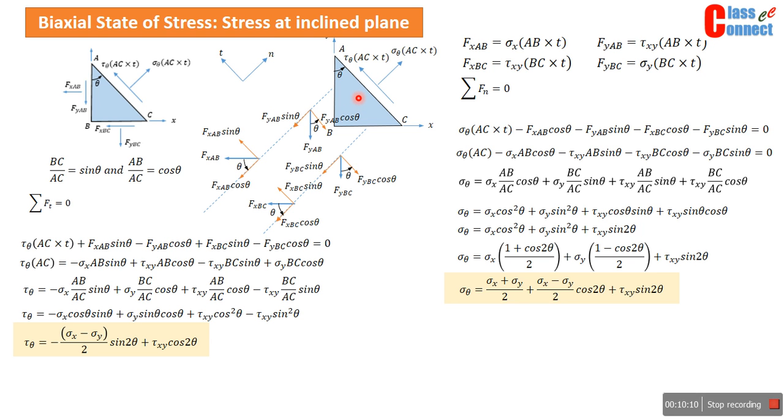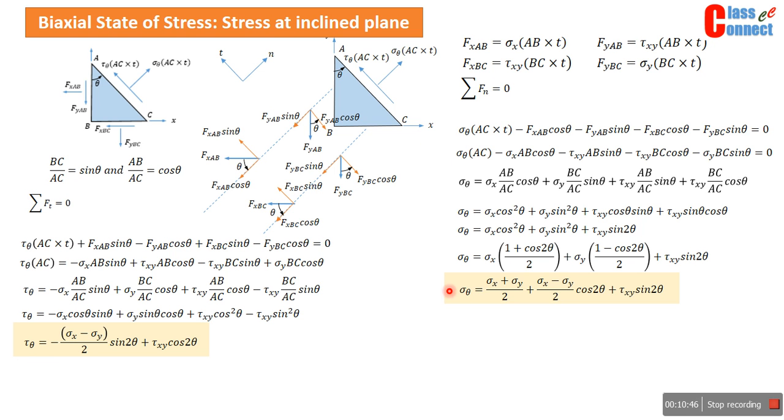considered the equilibrium or resolution of forces along x and y, because when we resolve forces along the x and y direction, then sigma theta and tau theta will appear in both these equations. And as we are interested in finding sigma theta and tau theta, we get two equations both in sigma theta and tau theta, and then we have to simplify those two equations obtained by summation Fx equal to 0 and summation Fy equal to 0 to get the values of sigma theta and tau theta.